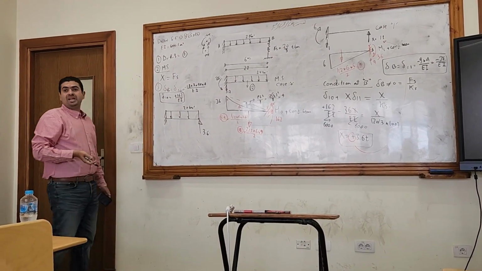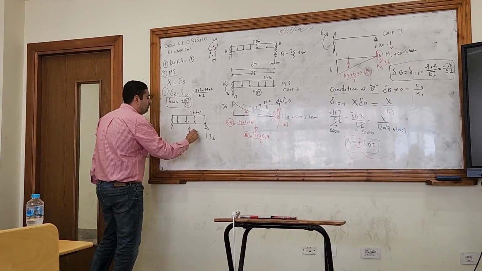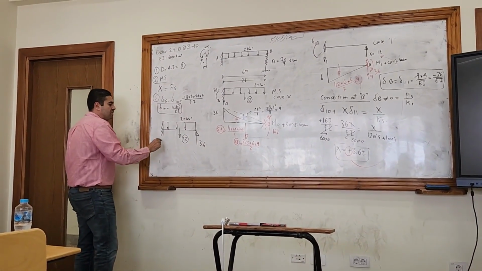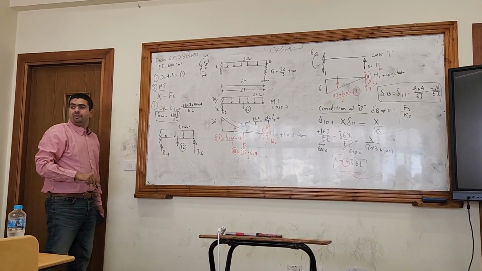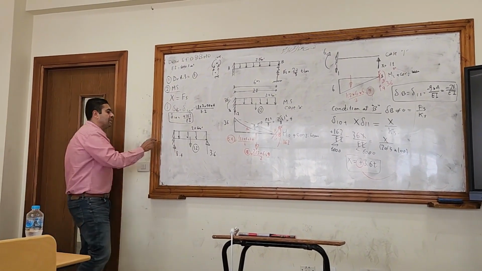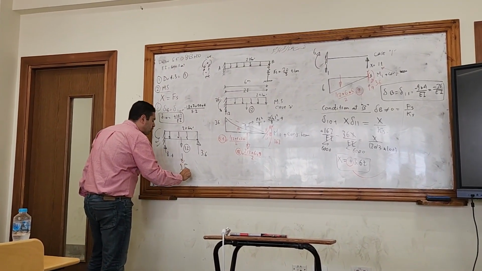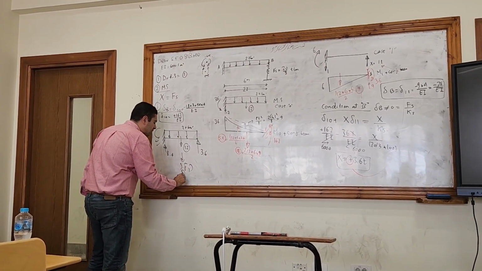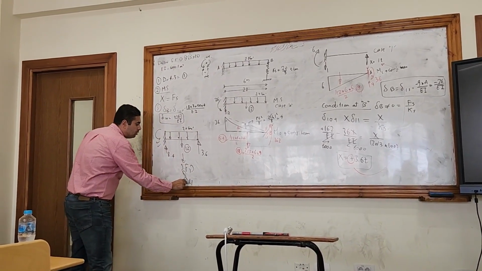Now I can calculate all the reactions, right? So here it's 2 times 6, 12. Sigma y equals 0, so this reaction will be 8.4, 12 minus 3.6. And you can calculate the bending moment from here, and then you can draw the shear force diagram and the bending moment diagram as in structure 1.